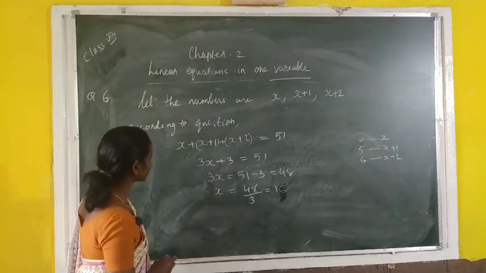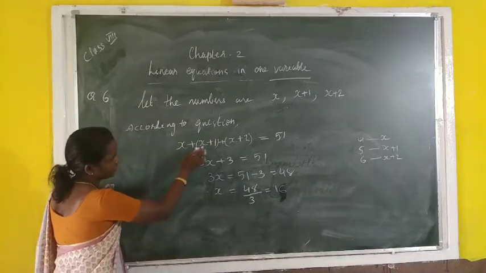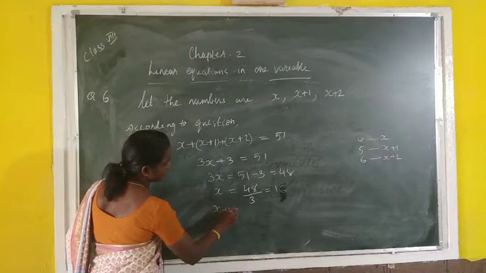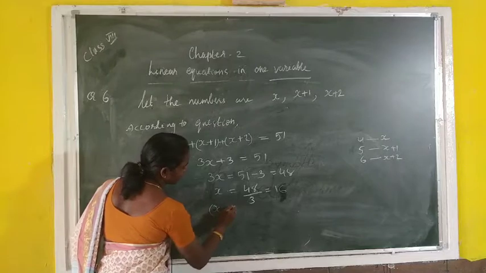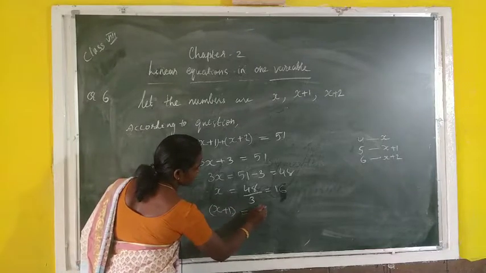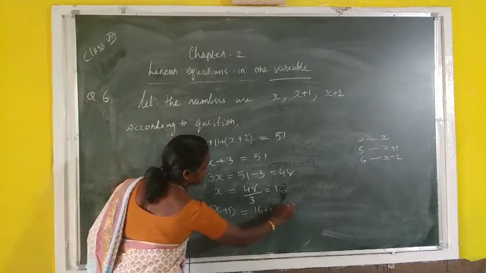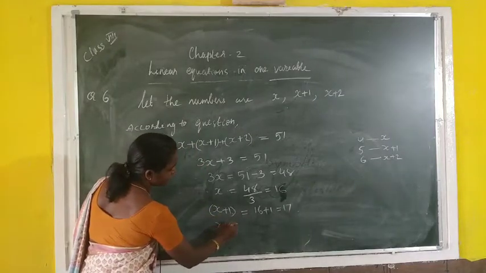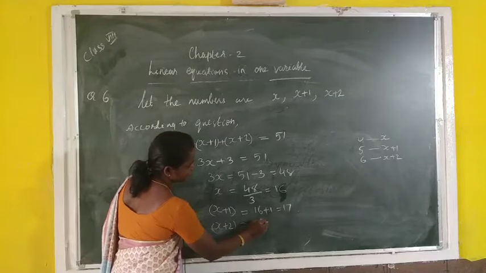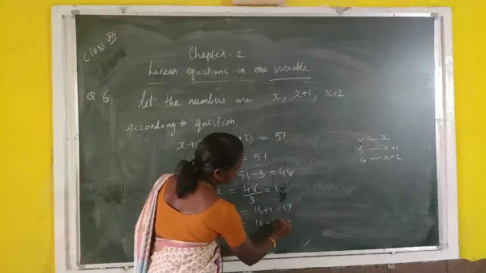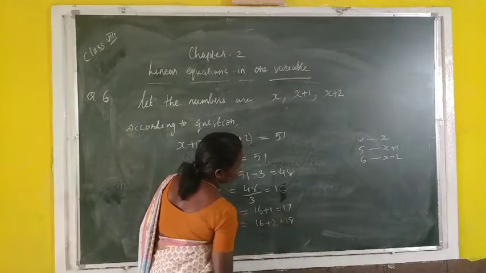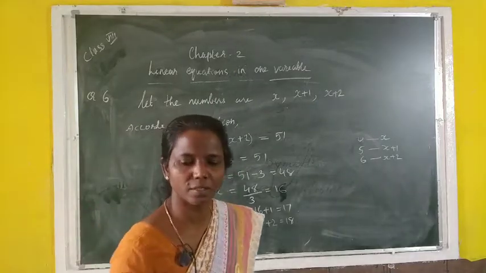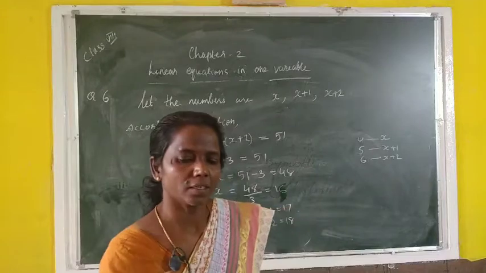Look. Here then the second number, x plus 1, which number? x plus 1 is equal to 16 plus 1, which number? 17. Then x plus 2 is equal to 16 plus 2, which number? 18. Then what are the numbers? What are the integers?